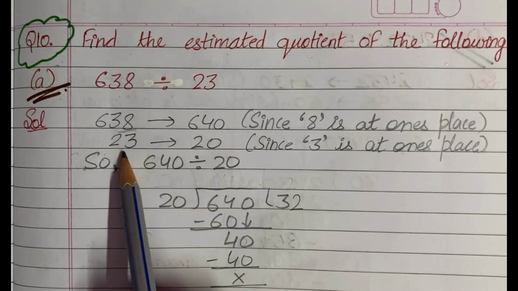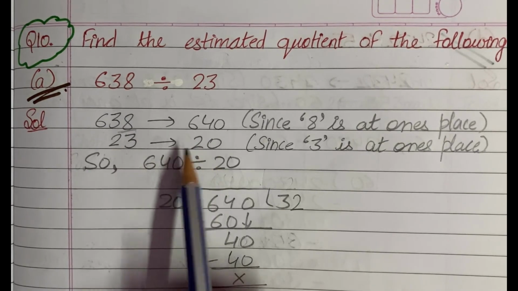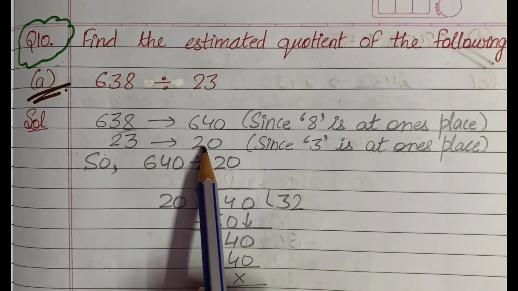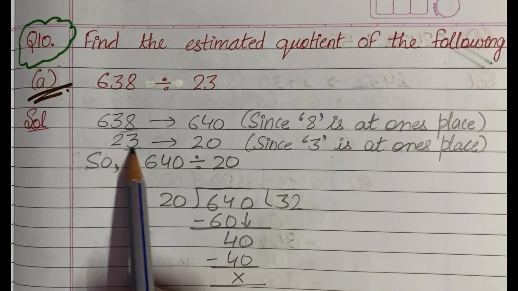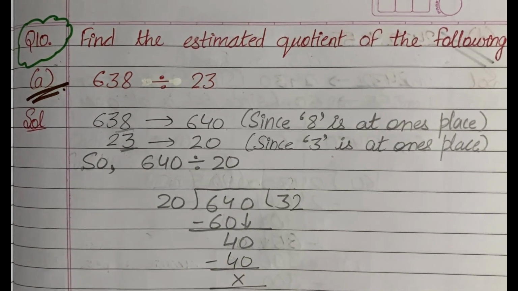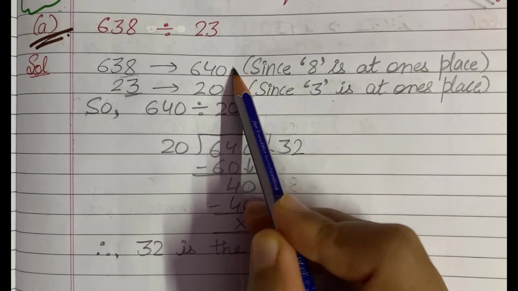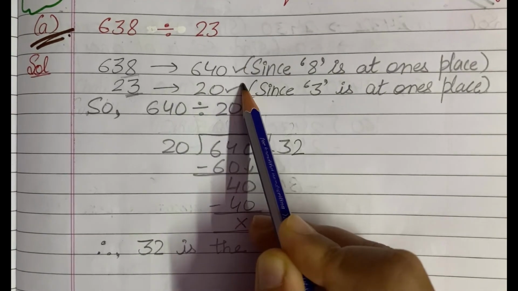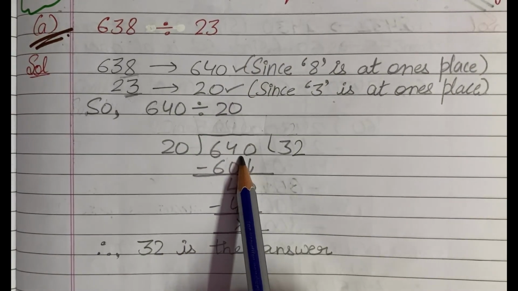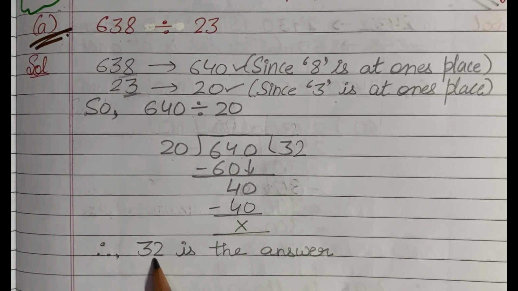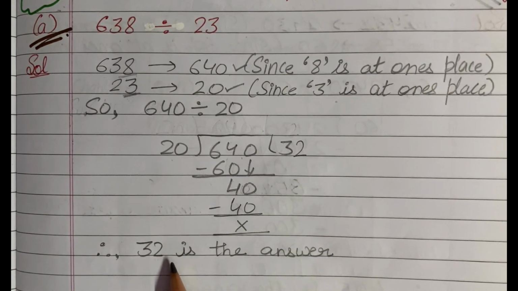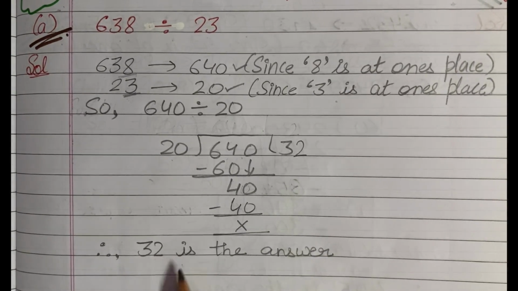Now we will round off this 23 to the nearest tens, and its round off is 20 since we are having 3 at its ones place. Now students, after this we will divide this 640 and 20, and on dividing 640 by 20 we will get 32 as our answer. Hopefully it is clear to you.